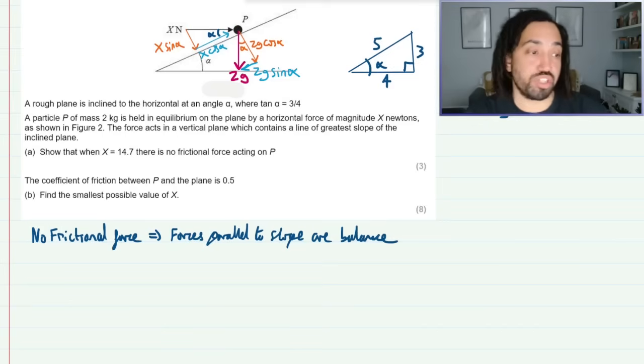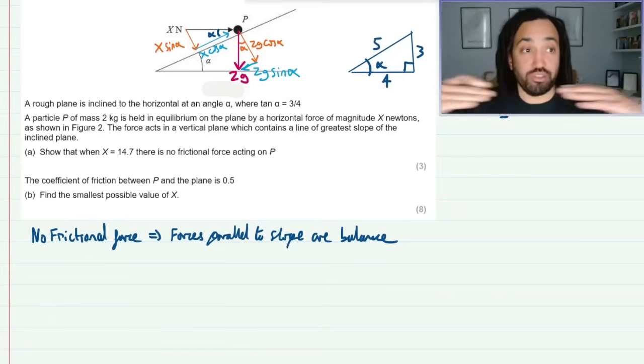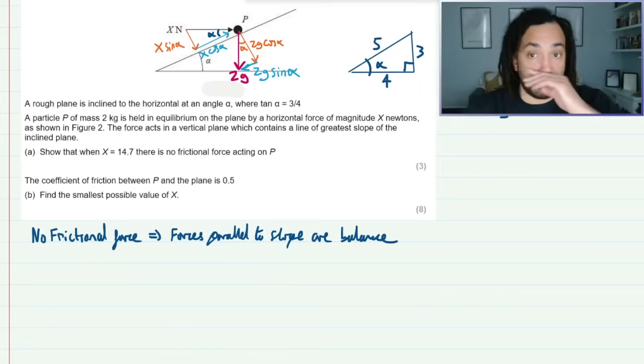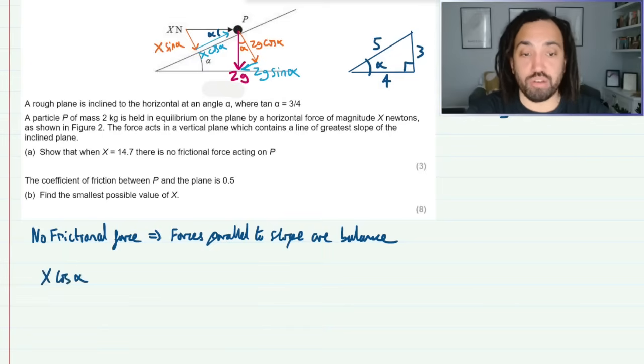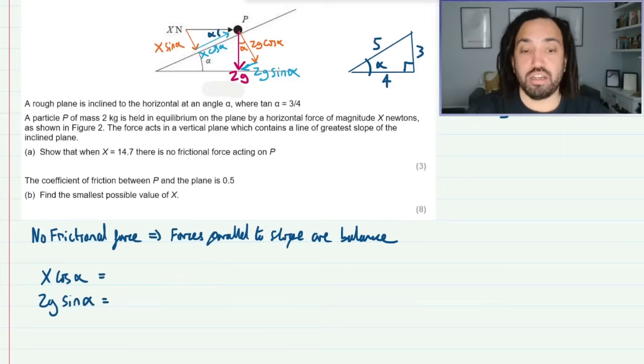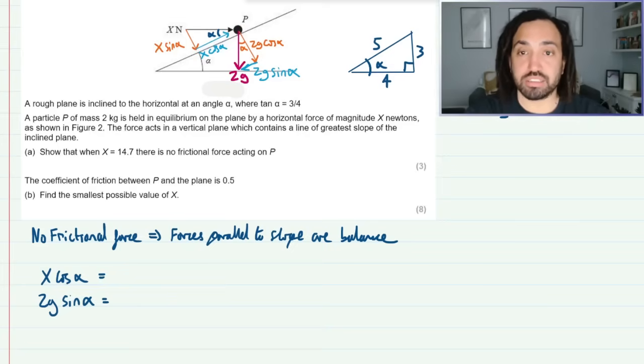So friction wouldn't be needed because already the forces are just balancing themselves. So that would mean that X cos alpha and 2g sine alpha will be equal to each other. Let's check to see if that is the case.